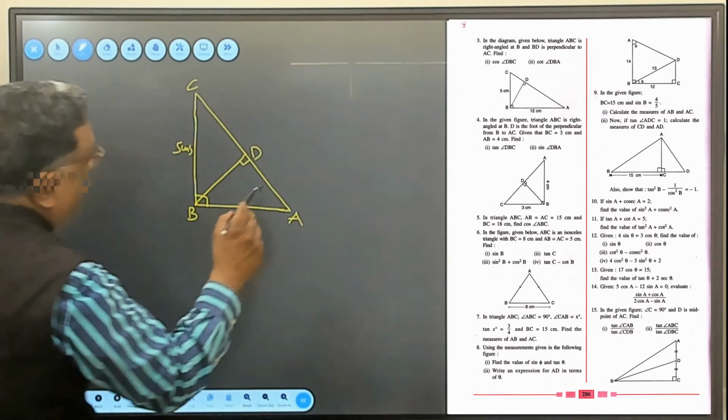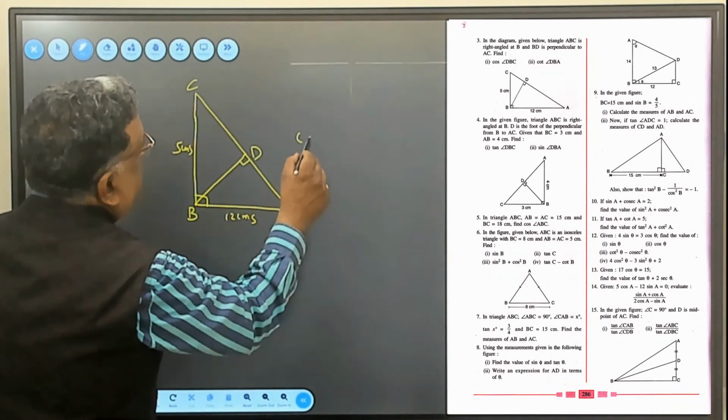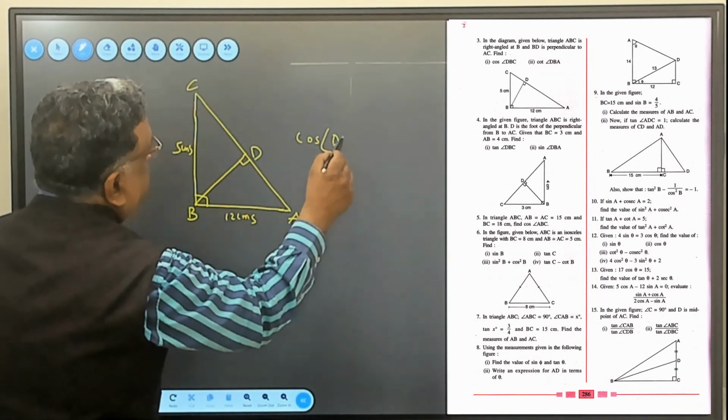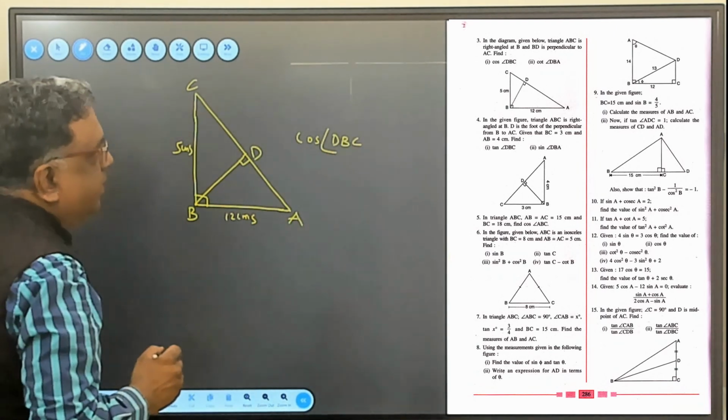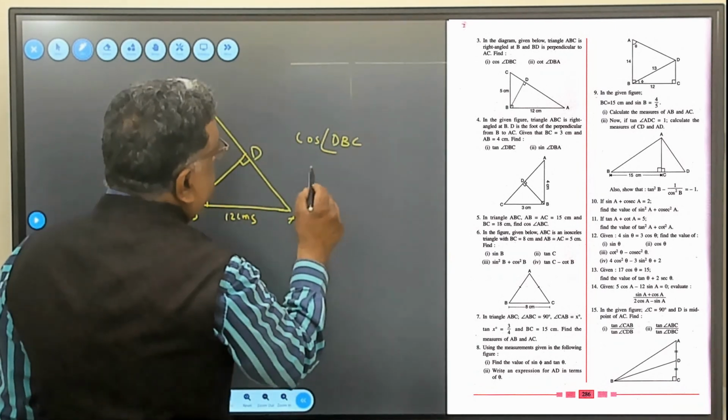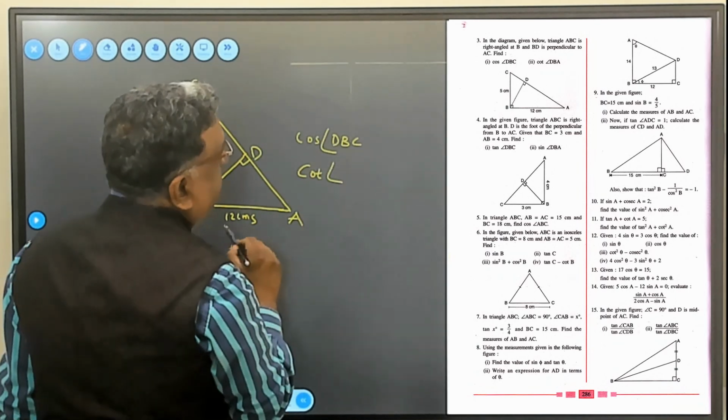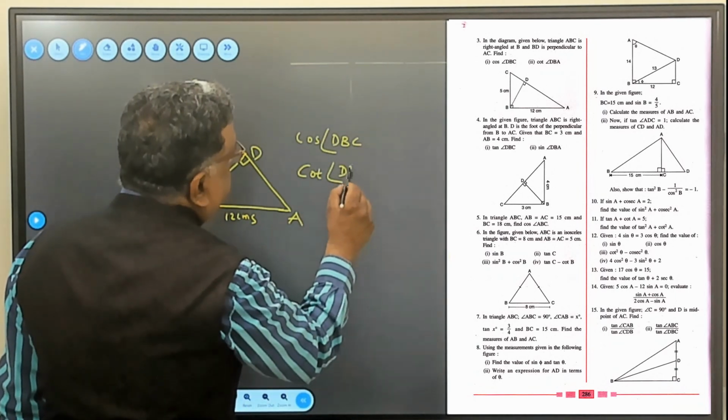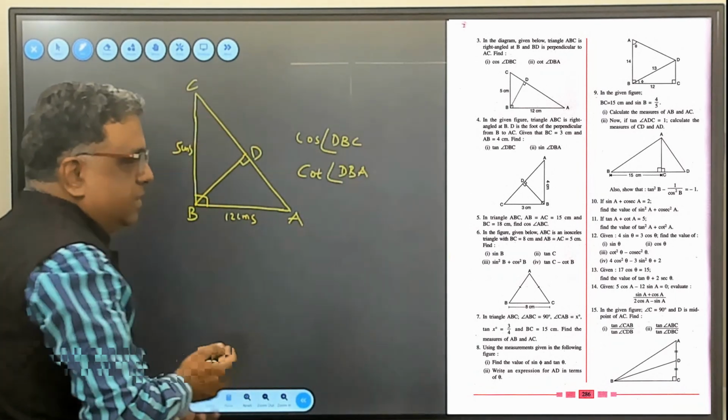I have to find out cos of angle DBC and cot of angle DBA. These are the two things.